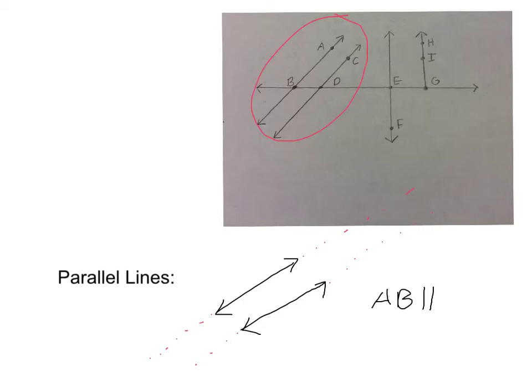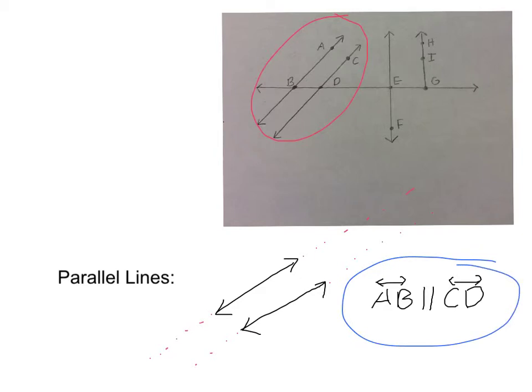And those are going to be parallel with CD. Now we also have to make sure that we're showing our lines, so I'm going to be putting my arrows up above. This would be your answer. Line AB is parallel to line CD.